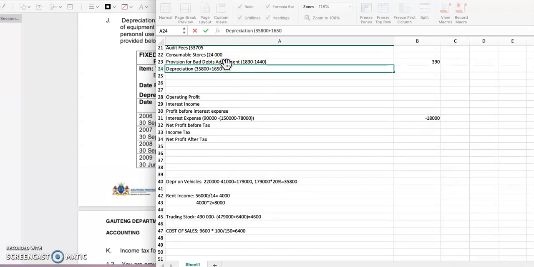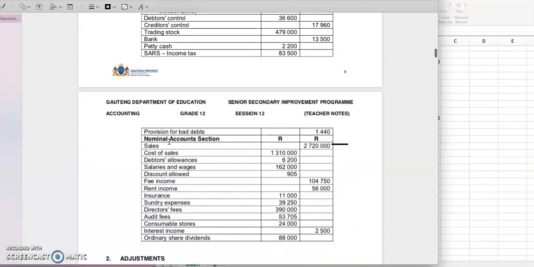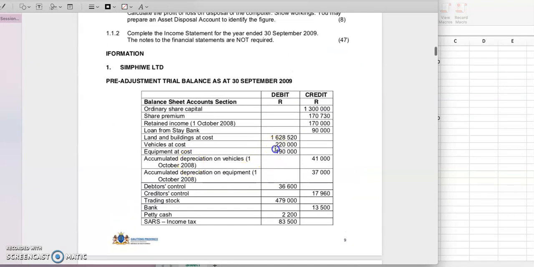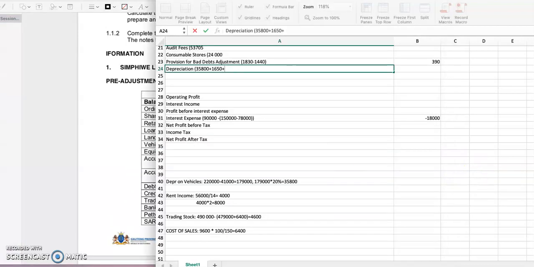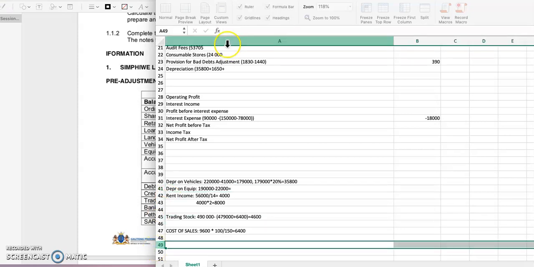And I said there is also depreciation on the other equipment. So it's 10% on cost. Let's go to the cost amount of the equipment, 190,000. I'm going to do it here. Depreciation on equipment. So 190,000 Rand. But we are going to subtract the cost of the computer we sold because we have already added that depreciation.